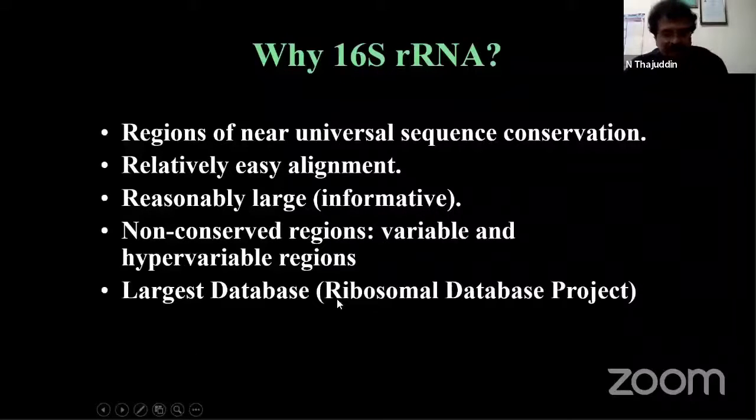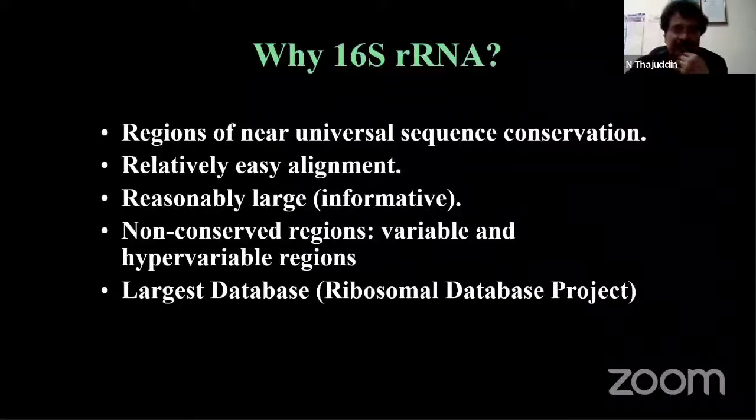And in addition, the largest database is available. For example, in the Ribosomal Database Project, there are nearly thousands of sequences already deposited. If you have your new sequences, just go to this database and submit your sequence, and within a few minutes you get the results: your sequence is 100% matching with this particular species, 99% matching with another particular species.